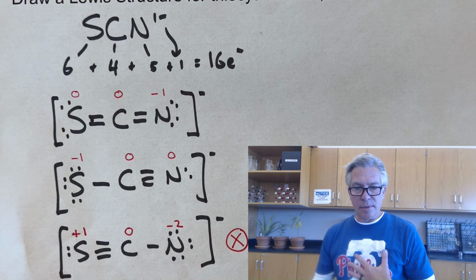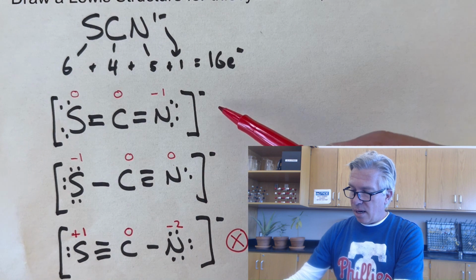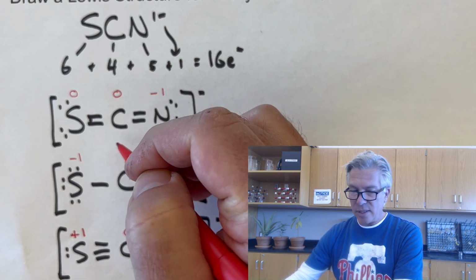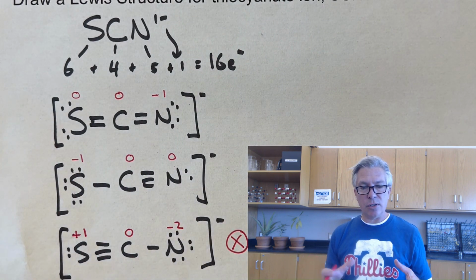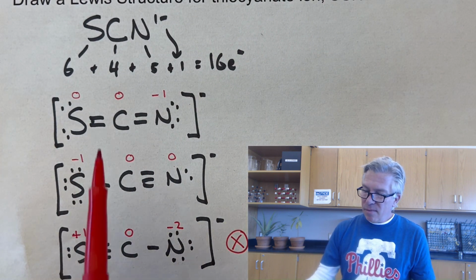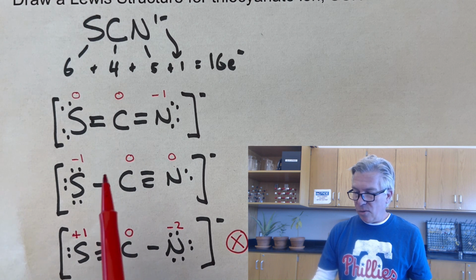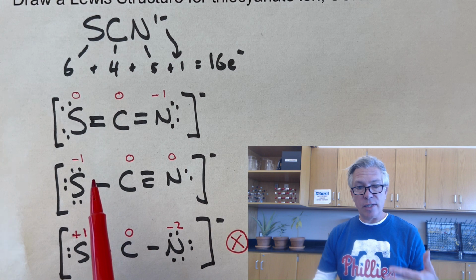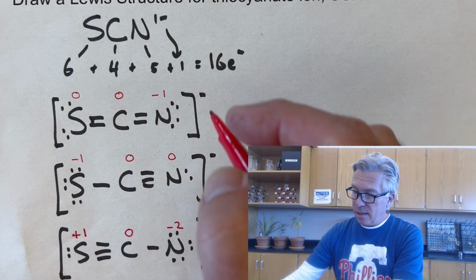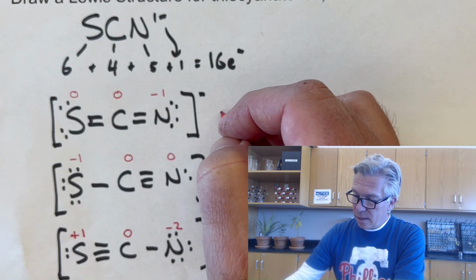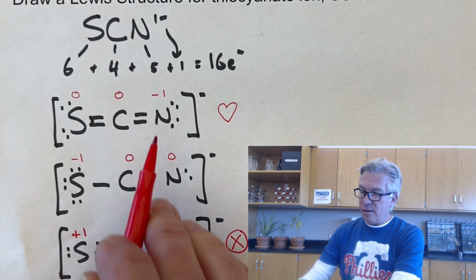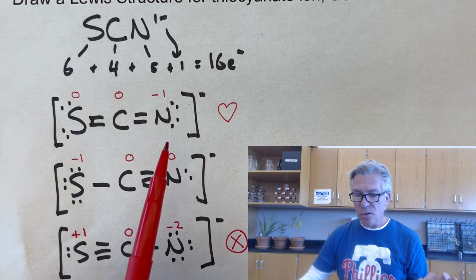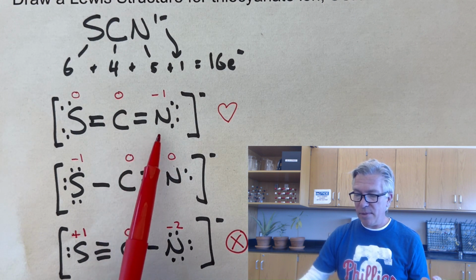Then the question becomes, and this is a little more advanced question, how do we decide which of these two is most likely? Are they equally likely to exist because they have the same set of formal charges? They probably exist at some point or another, but I think the better resonance structure to choose as the most favorable one is this one, because if you're ever trying to decide this, pick whichever one has the negative charge on the most electronegative atom in the molecule.